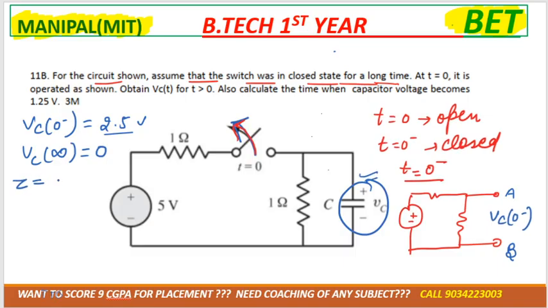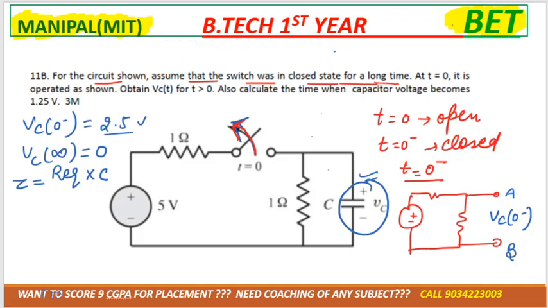Next we need to calculate tau. Tau is equal to R equivalent multiplied by C, right? For R equivalent, the voltage source must be short circuited and we have to draw the circuit at t equals to 0. So that means the 1 and 1 resistances are connected, but at t equals to 0 the switch is opened.